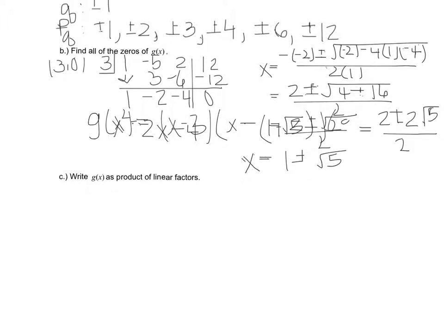And then we have x minus, and then in parentheses, 1 minus the square root of 5. And the leading coefficient of our function g is 1, so I don't have to worry about writing a number in front of my function. So that is our function g of x in factored form.